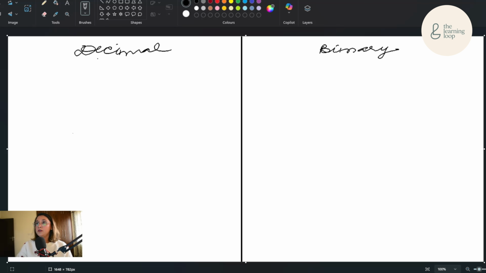As we have already discussed, decimal is base 10, which means it has 10 unique digits, from 0 to 9. So how do we present it? 0, 1, 2, 3, 4, 5, 6, 7, 8, 9.